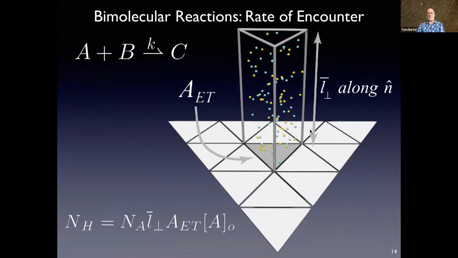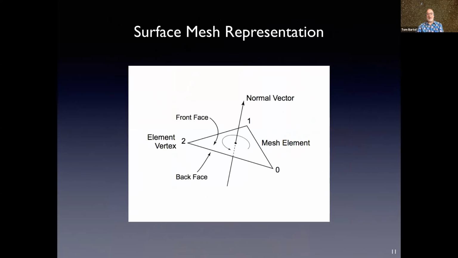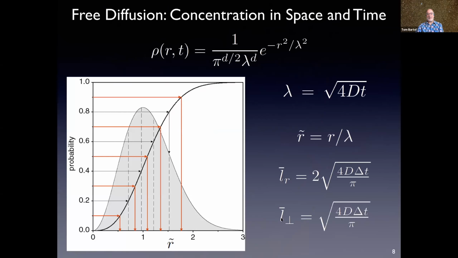So the height of the prism is determined by this value L perpendicular bar. The average diffusion step length that the particles take in one time step, along the direction of the normal to the surface. And that was determined by taking the solution to the diffusion equation and finding what's called the expectation value of that, or the average.